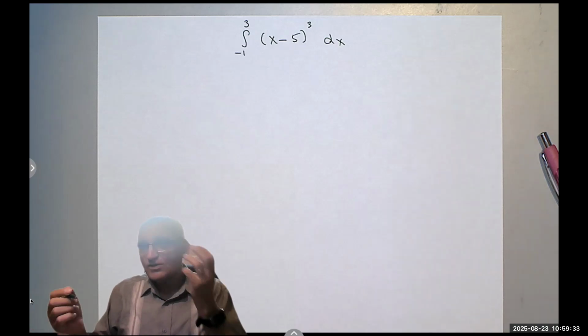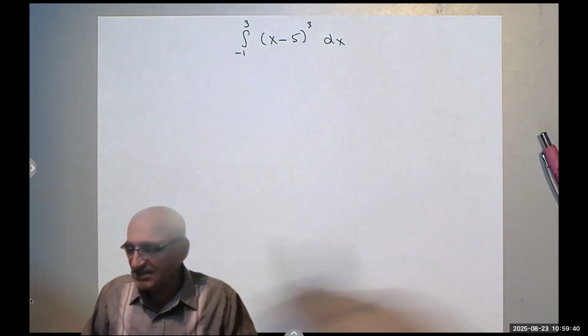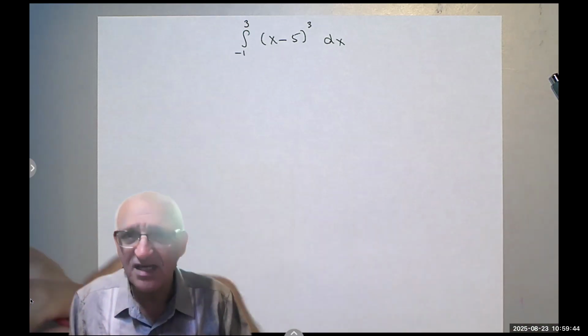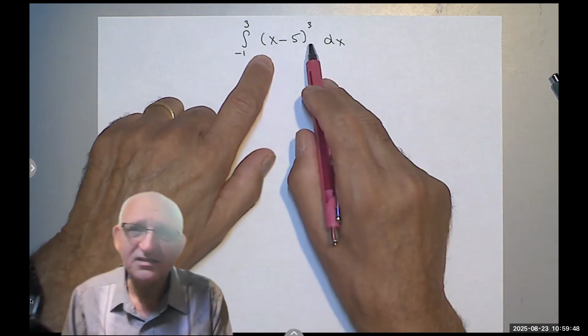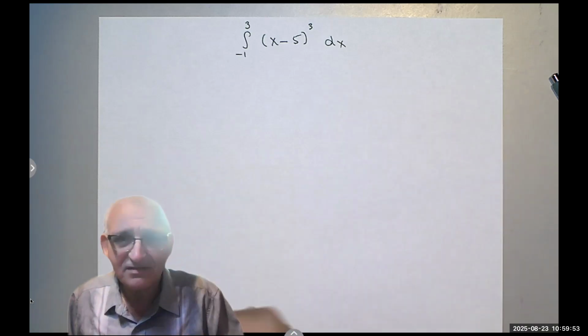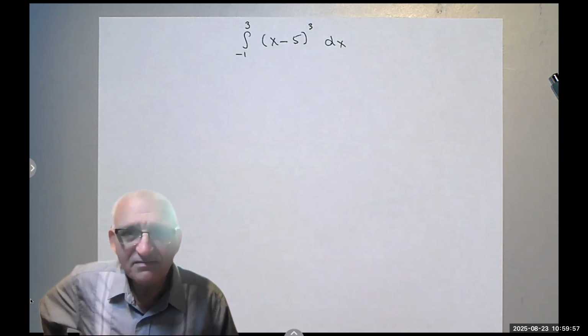If you noticed what we did in the first couple of examples, you would see that, oh my God, I got it. But let's assume I'm new to integration by substitution, and I say, should I expand that as x cubed minus 15x squared plus 75x minus 125?